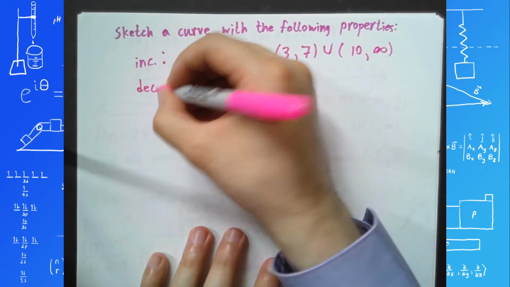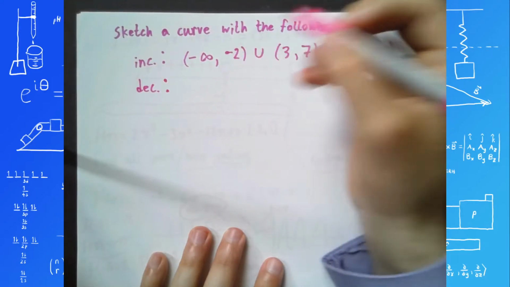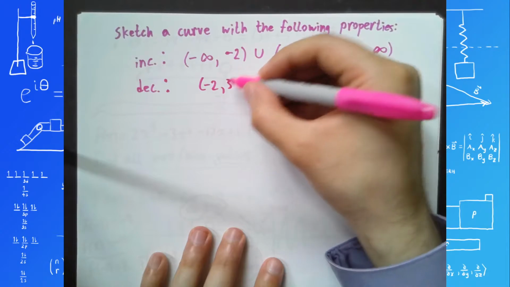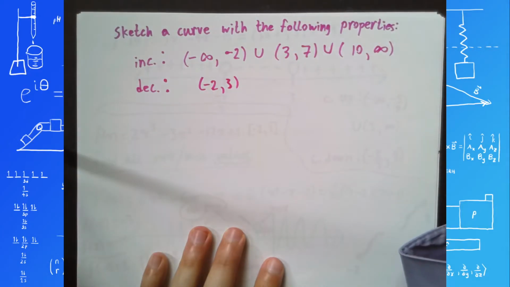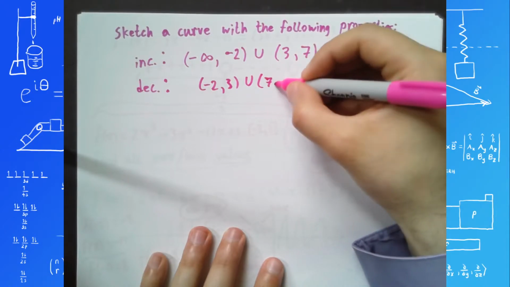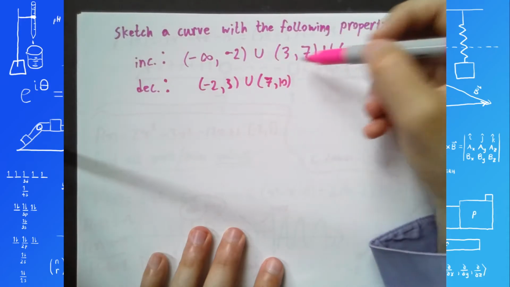Decreasing everywhere else, decreasing from negative 2 to 3, it looks like, and from 7 to 10. Do I have any gaps there?